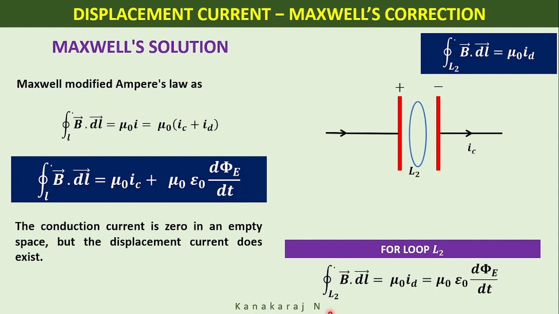The change in magnetic field in turn produces a change in electric field, right? So the change in electric field is nothing but the displacement current. In electromagnetic wave propagation, you have the displacement current but not the conduction current, because there are no charges available there.